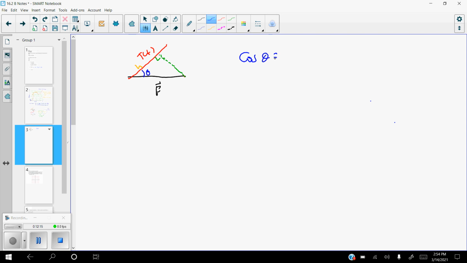So the cosine is going to be h over the magnitude of F. It needs to be the magnitude, because F itself is a force vector, and we need the length of that force, because we are talking about the lengths of the sides of a triangle. So if we want to solve that for h, we would just multiply both sides by the magnitude of force.